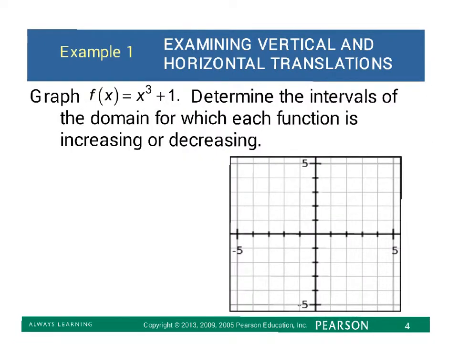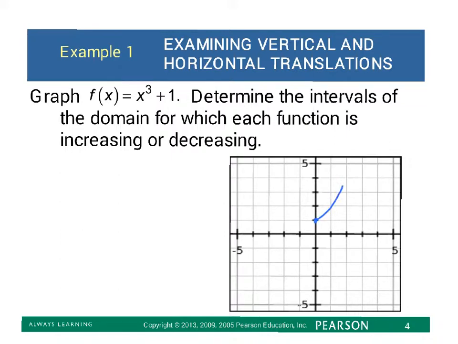So let's graph this function right here and then determine the intervals of the domain which the function is increasing or decreasing. Okay, so what this graph is the x cubed graph, just shifted up 1 unit. So we should know how to do that one already. This is just kind of a review of what we've done before. So let's graph that up 1 unit.